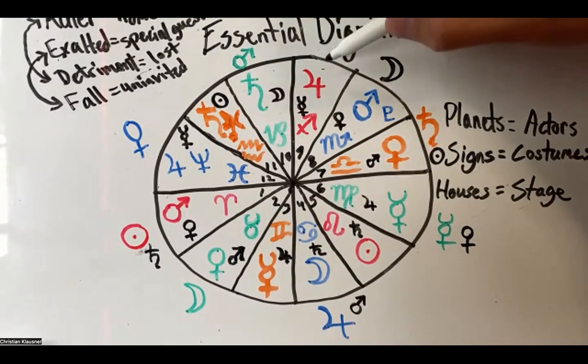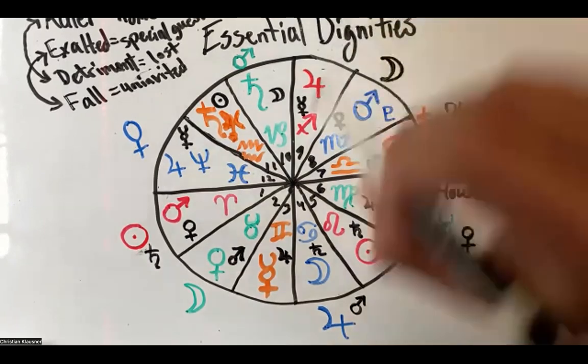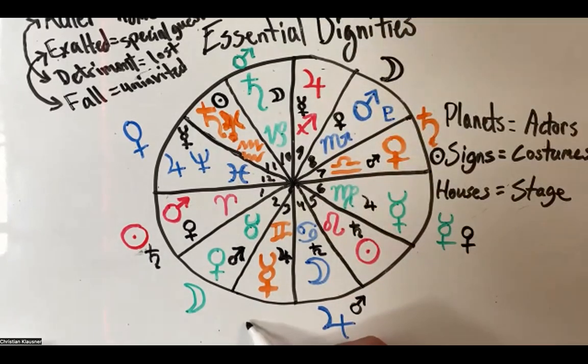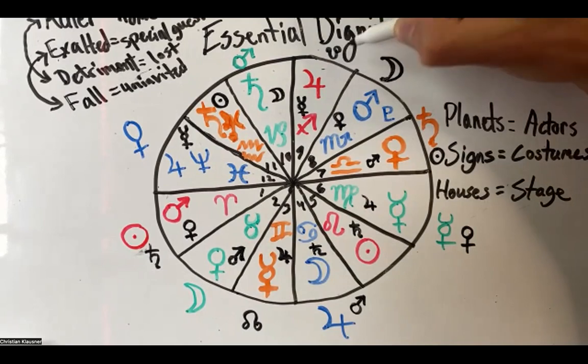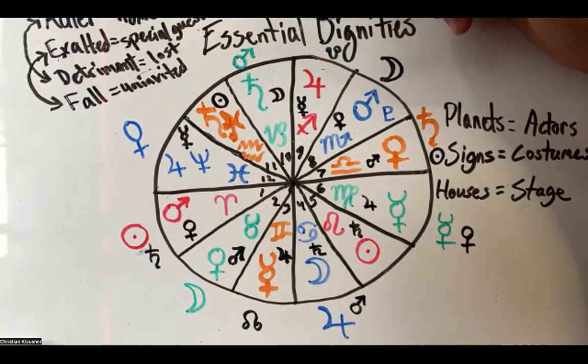There's no planet in fall. Nothing in fall, nothing in exaltation. Actually, you know what's very interesting? This is according to Ptolemy. Ptolemy says that the North Node is exalted in Gemini and that the South Node is exalted in Sagittarius. I can't really tell you why that is. I'm not going to lie.